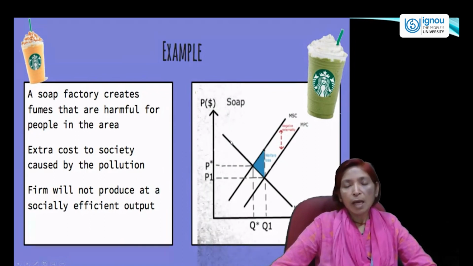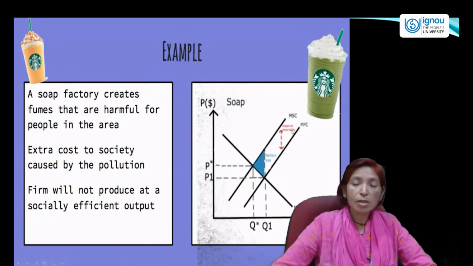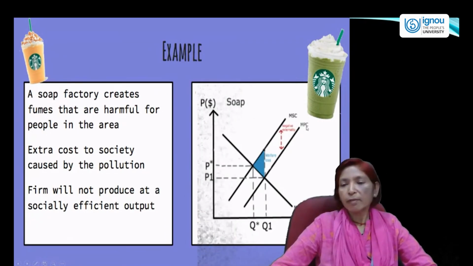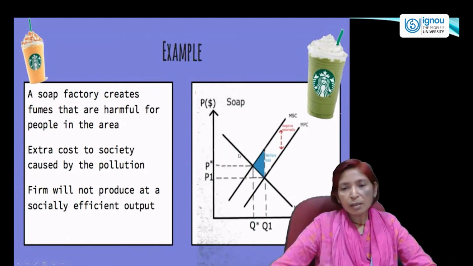Here MSB is the marginal social benefit curve, which is always downward sloping, and the marginal social cost curve is upward sloping, and marginal private cost is also upward sloping, but the marginal social cost curve remains always above the marginal private cost curve. So here equilibrium is determined where MSB intersects MSC, P star is the price and Q star is the actual quantity.